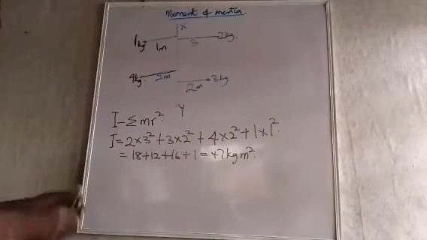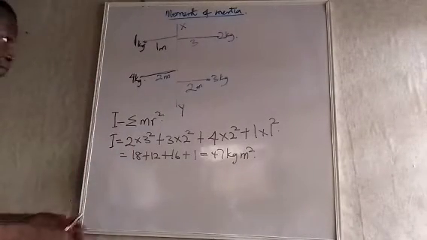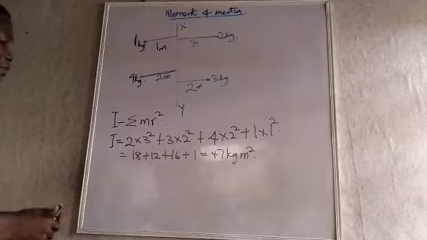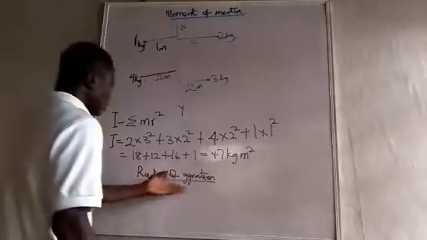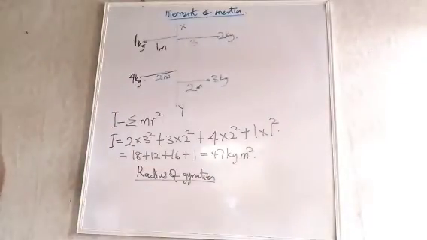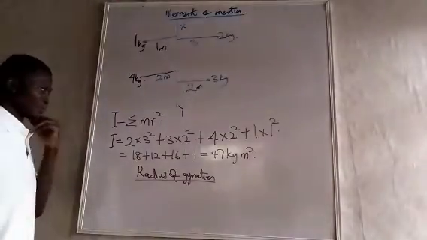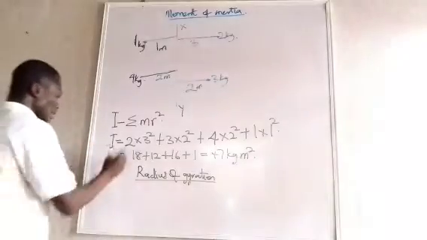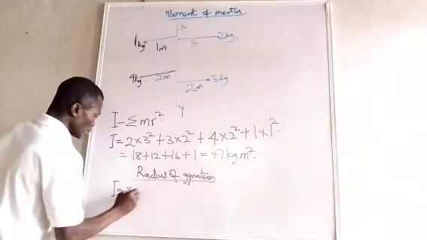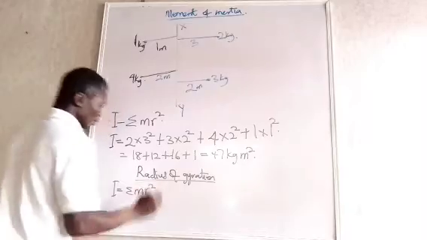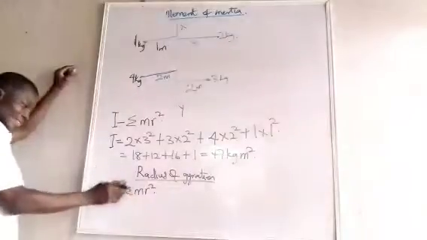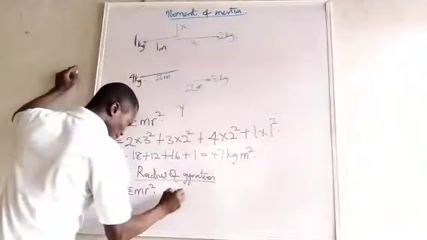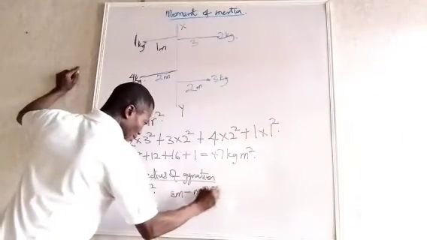So you can see it's very simple in this instance. But most of the time we will need to apply integration. I will treat this topic exhaustively. Before I go on, I'd like us to talk about radius of gyration, just like we did in root mean square value. In this case, we know that I is equal to summation mr squared. So if we know the mass, which is summation m separately, are you getting it now?